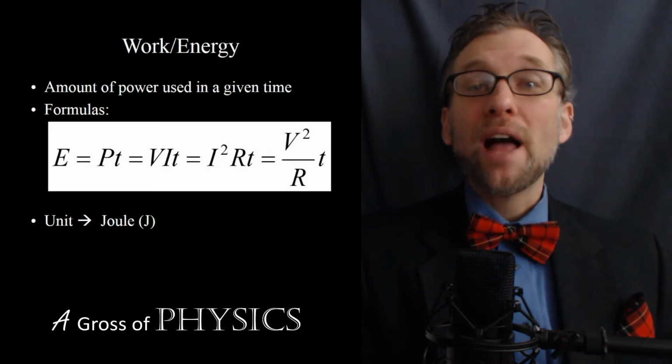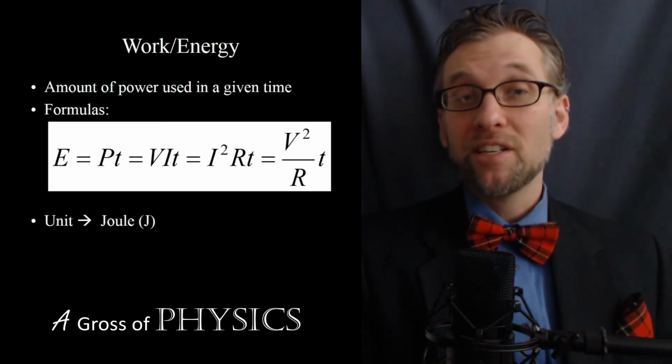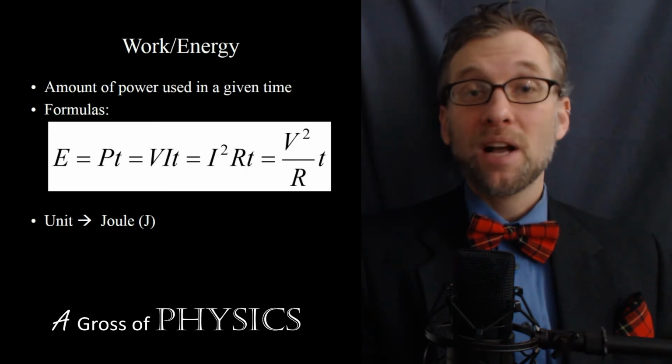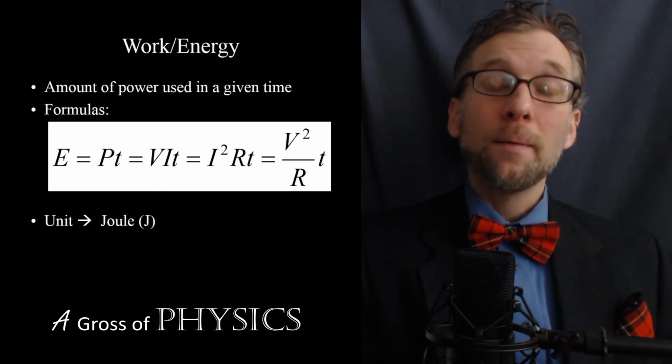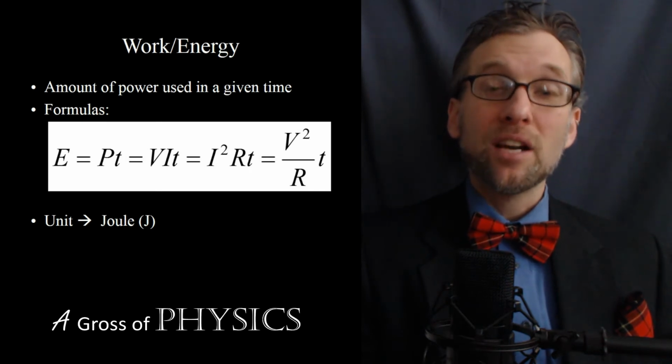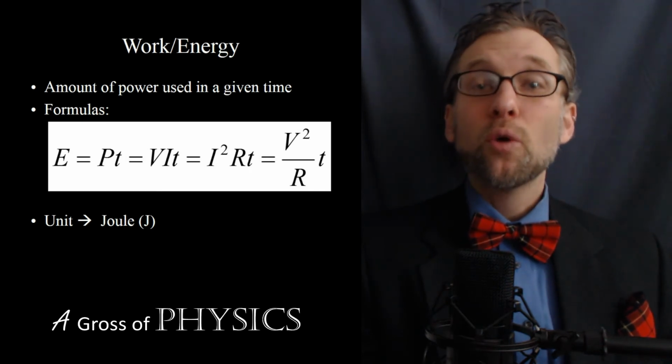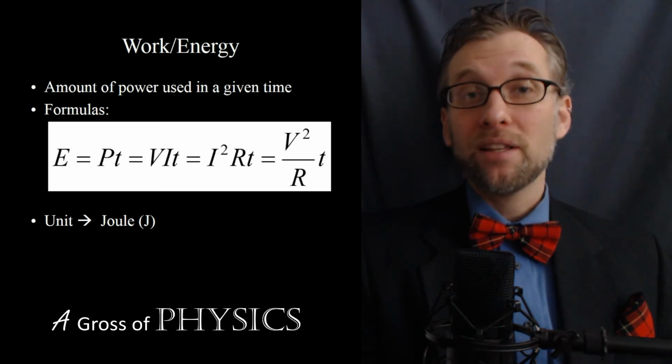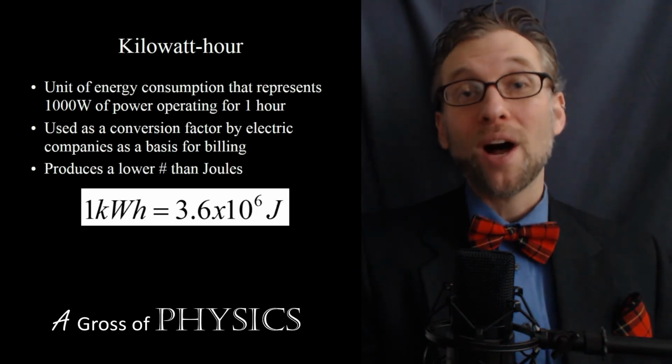Now, because those values are going to be quite large because we have to deal with seconds, the power companies have come up with this new variable that is a conversion to make the numbers more manageable for people. So when you deal with the electric company at the end of the month, you're going to be paying per kilowatt hour.